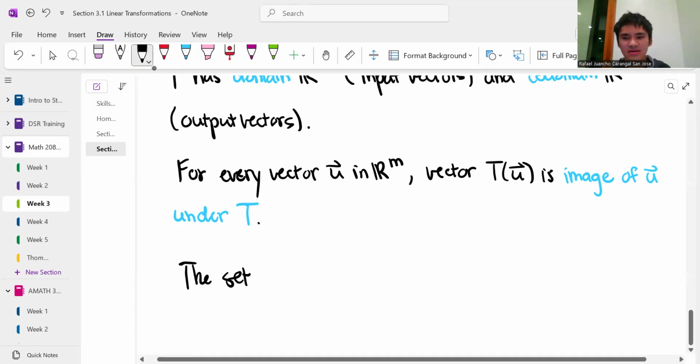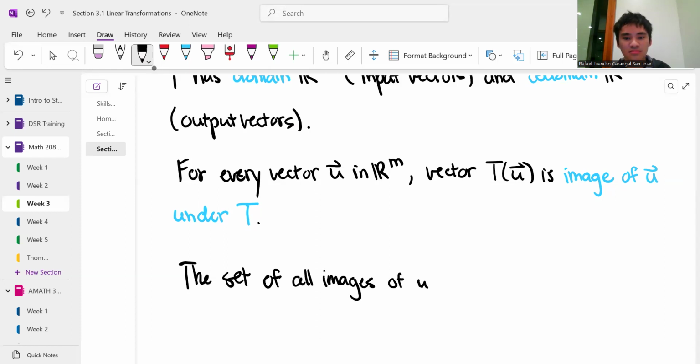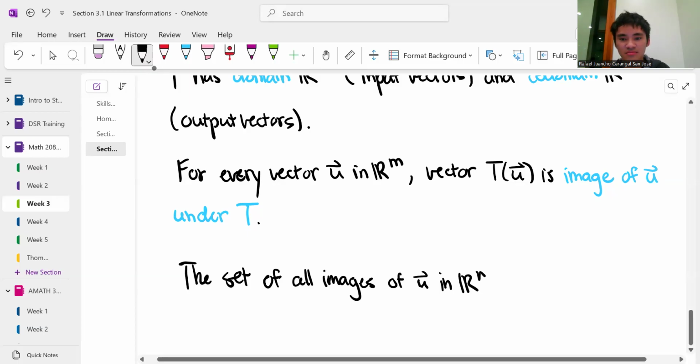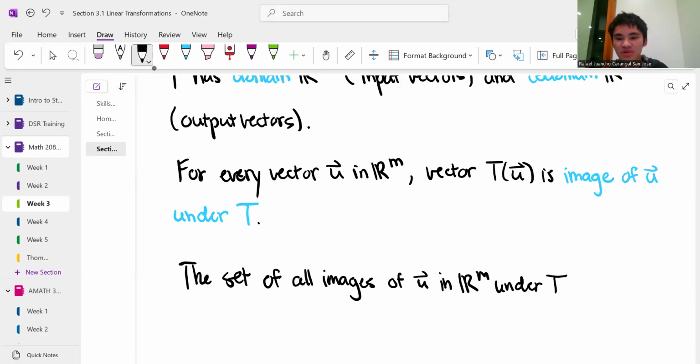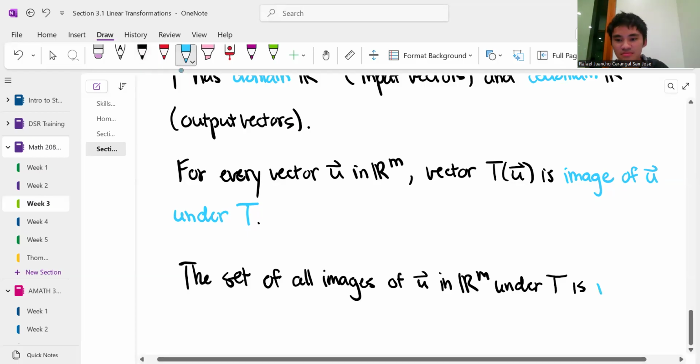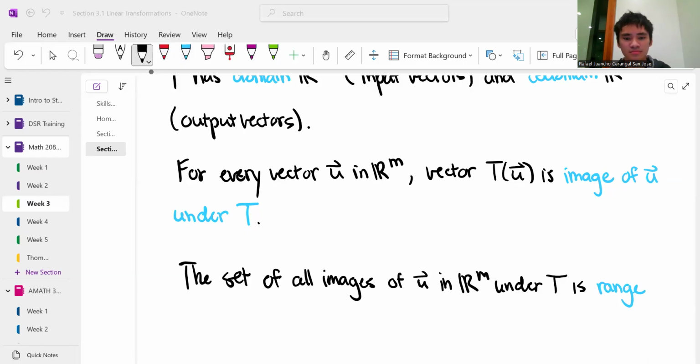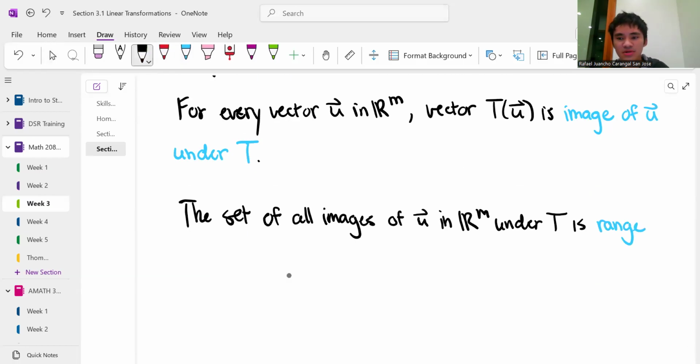The set of all images of u in Rm under T is what we call the range of T. There's a mathematical way to write it.